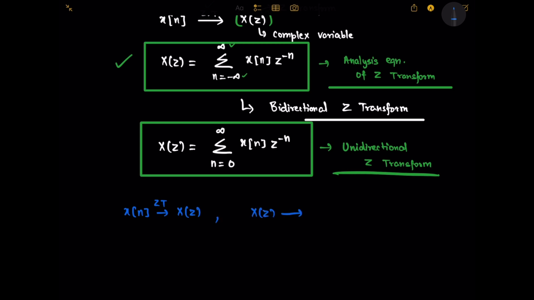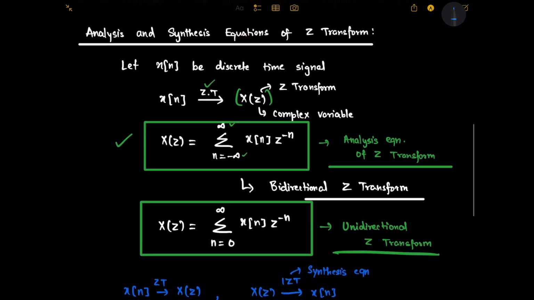Similarly, X of z should also be converted to x of n by applying the inverse Z transform. The equation representing the inverse Z transform is called the synthesis equation, and the equation representing the Z transform is called the analysis equation.